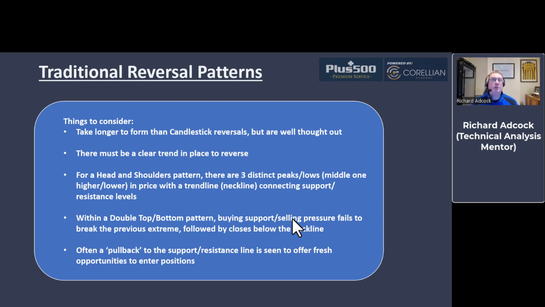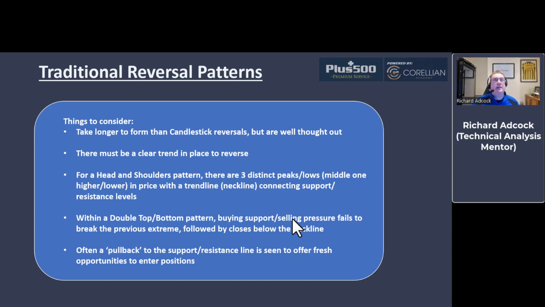Now, with the other type of pattern that we're going to look at, the double top and double bottom, this is where the buying support is unable to break through to the upside a previous peak or to the downside a previous low, where with the head and shoulders, that break would have been seen already.